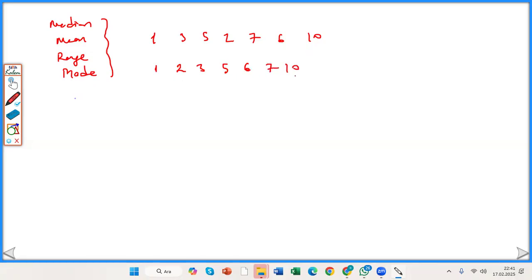When you look at the data set here, there are 1, 2, 3, 4, 5, 6, 7 different data. Sometimes these data may be the same again, no problem, but here they are different, as you know.